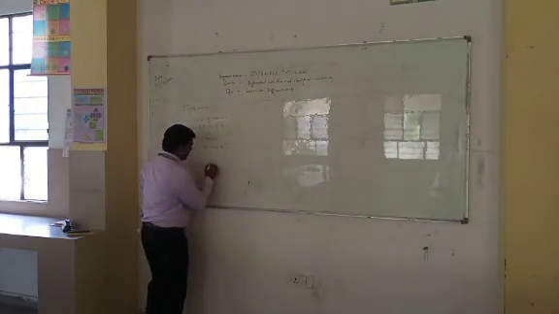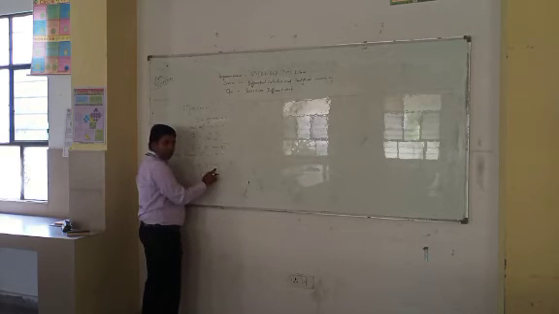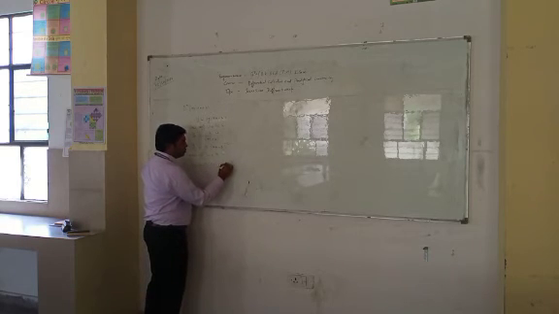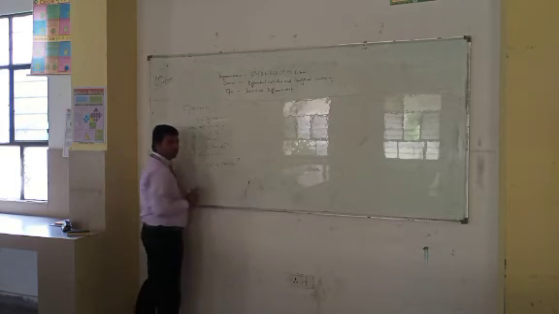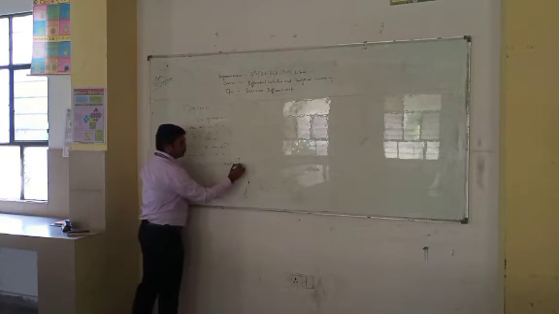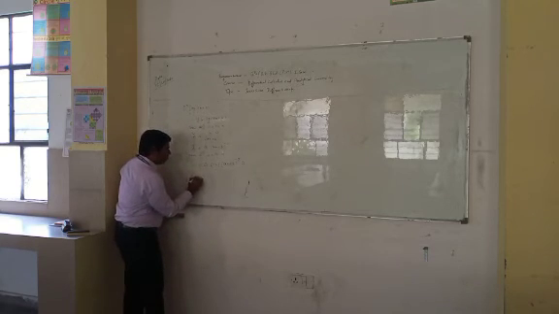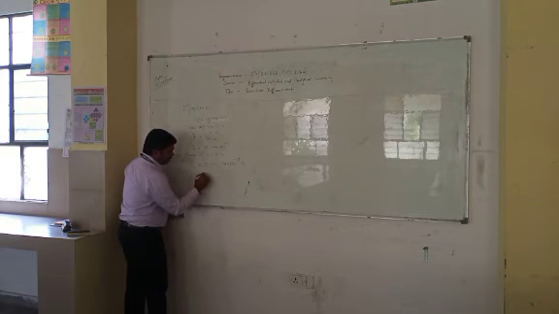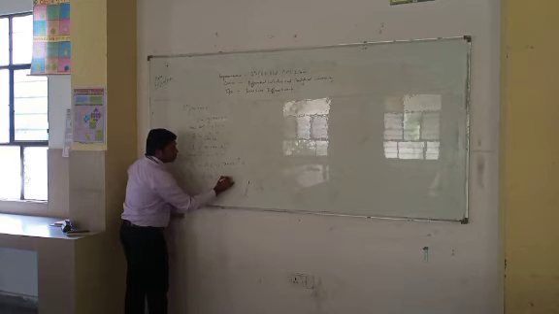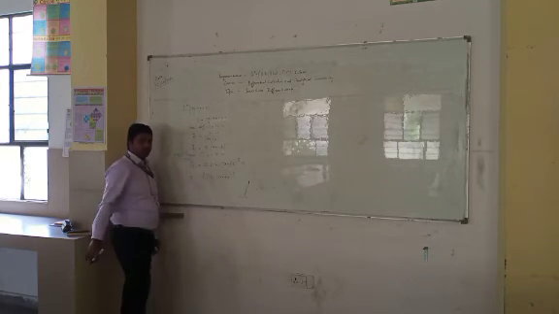So this can be written as minus 1 and ax plus b to the power minus 2 into a. It means we can write y2 is equal to a square into minus 1 and ax plus b to the power minus 2.